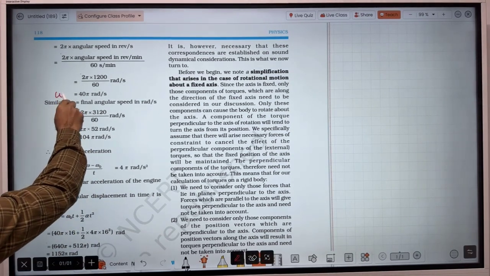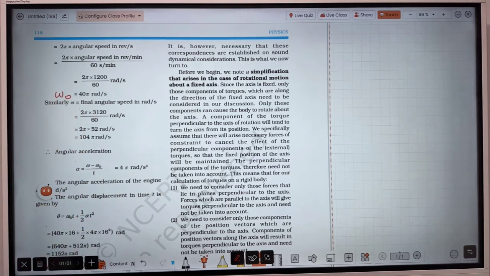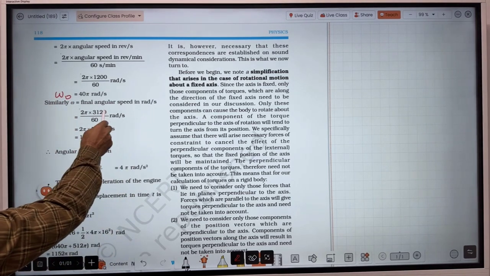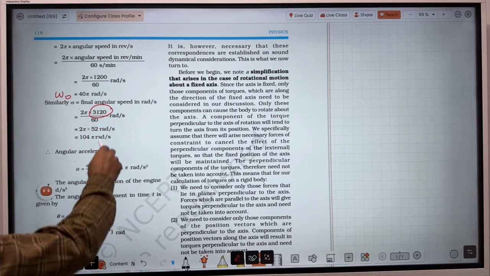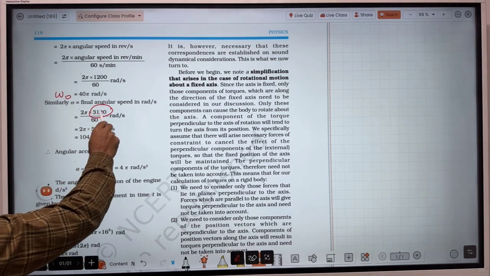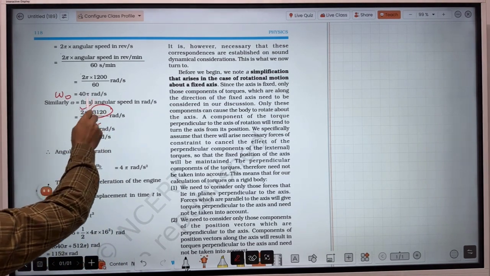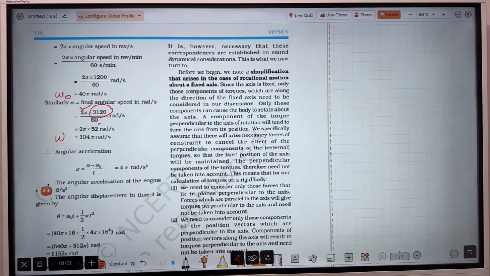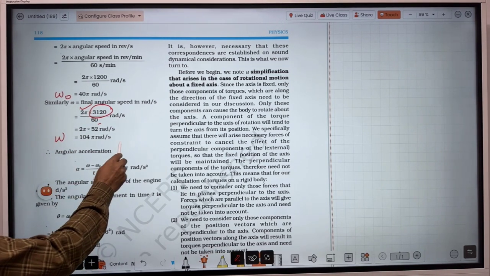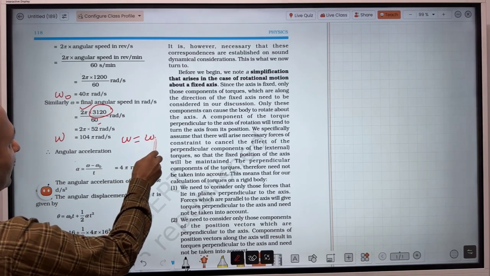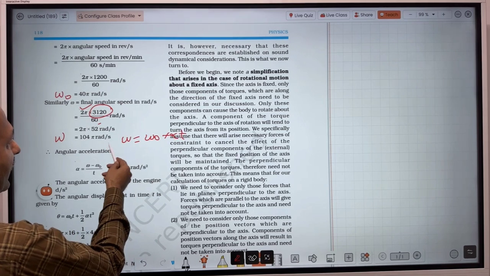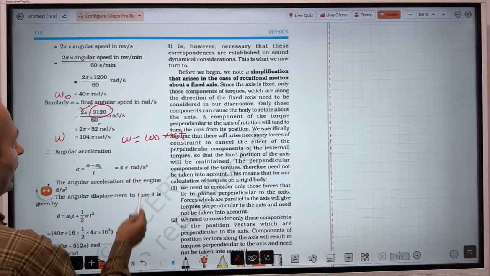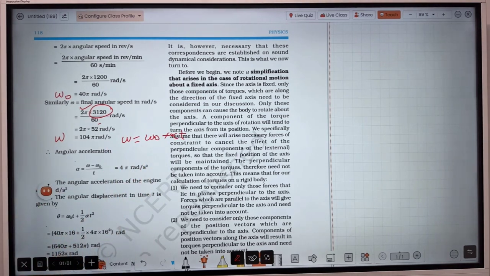Similarly, in second case it is given 3120 revolution per minute, so we can convert it, 3120 divided by 60, and one revolution means 2 pi radian. So we have got value of omega. Then we can apply formula omega equal to omega 0 plus alpha t, and we can get alpha. So omega 0 can be shifted to this side and then divided by time. So same thing is done here.